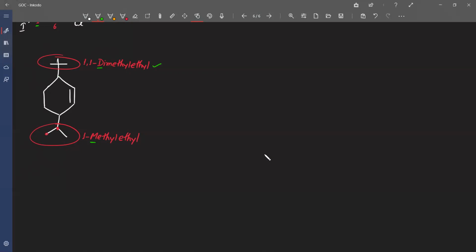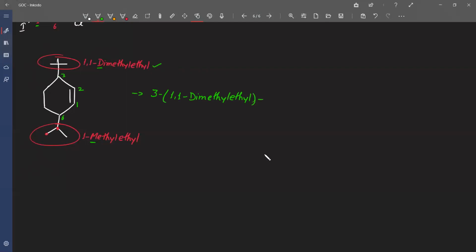So obviously I'll have to start from position 1 here, 2 here, and 3 here, right? So that this gets position 6. Any doubt in that? No. So the name of this compound will be 3-(1,1-dimethyl)-6-(1-methyl) cyclohexene.